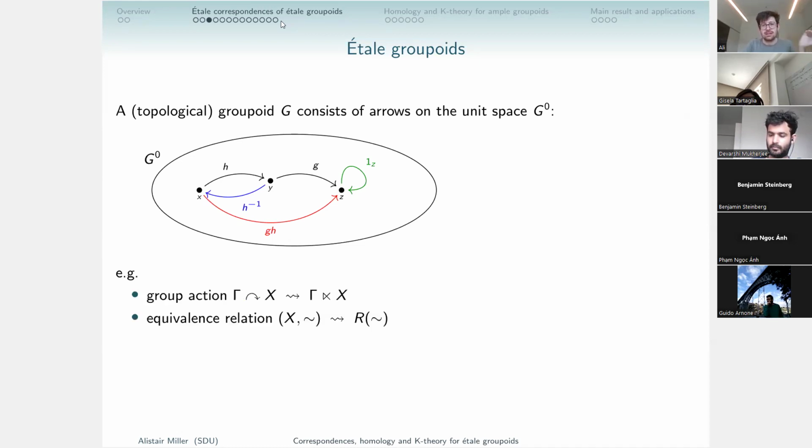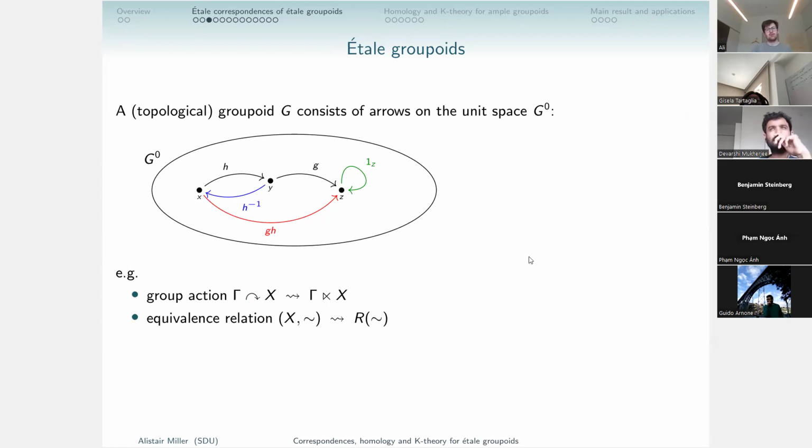And if you haven't seen groupoids before, I'd encourage you to just think about these two examples. With a group action, hopefully you already have a picture of arrows on a space, and really those arrows give you the groupoid. And that's what this notation here means.